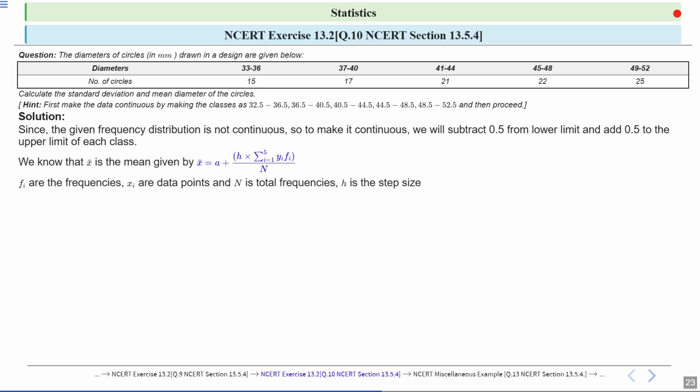And we know that x bar is the mean, given by x bar equals a plus h times summation from i equal to 1 to 5 of yi times fi divided by n, where fi are the frequencies, xi are data points, n is the total frequency, and h is the step size.